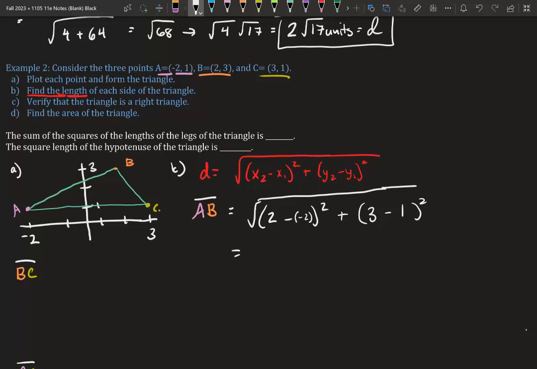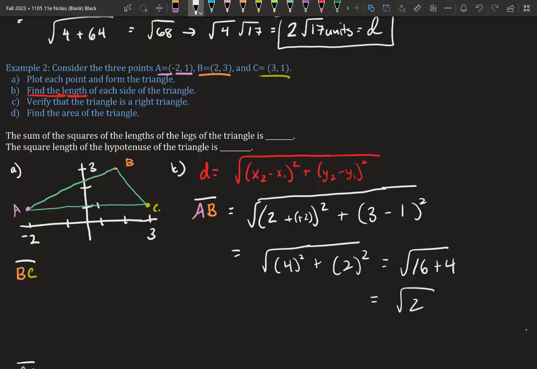All right, let's clean this up because we know that's going to turn to plus plus. So we have 2 plus 2 is 4. So we have 4 squared plus 3 minus 1, that's 2. So 2 squared. Let's keep simplifying. 4 squared is 16. 2 squared is 4.